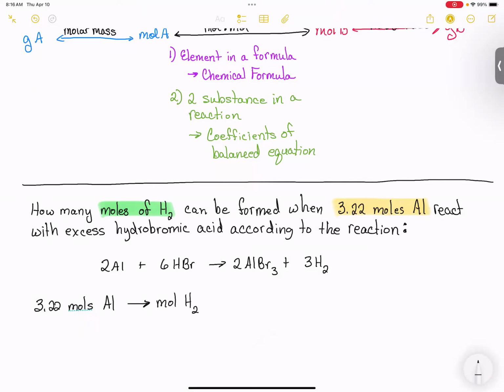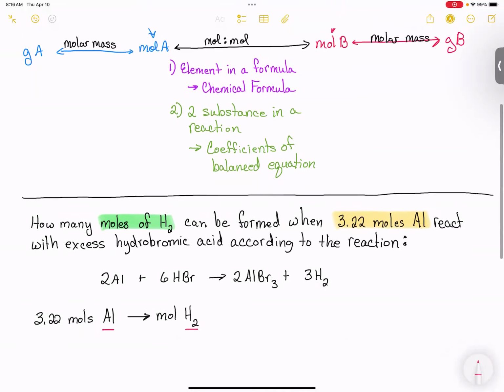Now I'm going to break it down. The first thing I notice is that I have 2 different substances. If you have 2 different substances, you're going to need the mole-to-mole ratio.